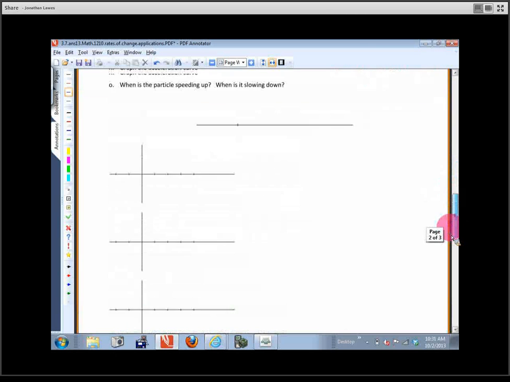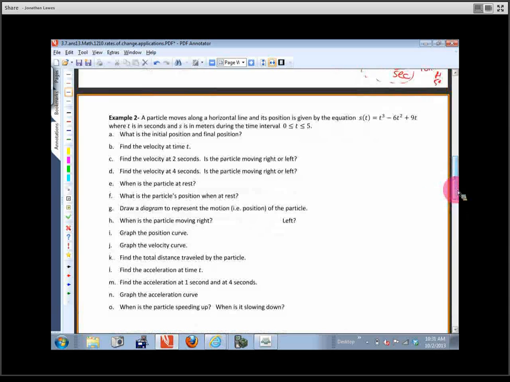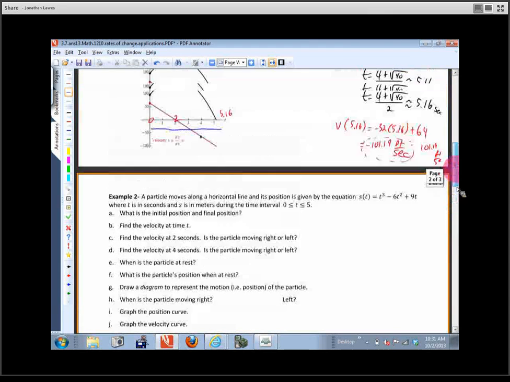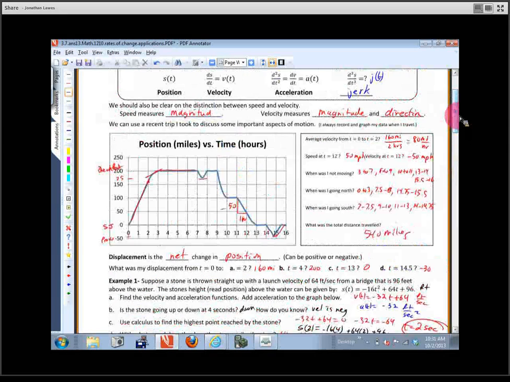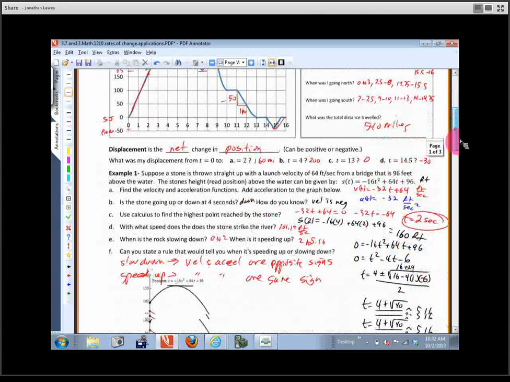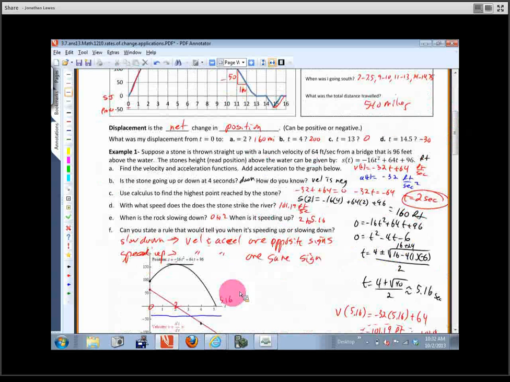Let's see. I think we can finish this one right here. So we've gone from a situation where we could come up with a story and everybody's driven places and we can kind of understand what's going on there as far as position and velocity, to a little bit more science-based, a physics example where we're throwing a rock up in the air, where we still have some physical representation for that and we understand the situation there.